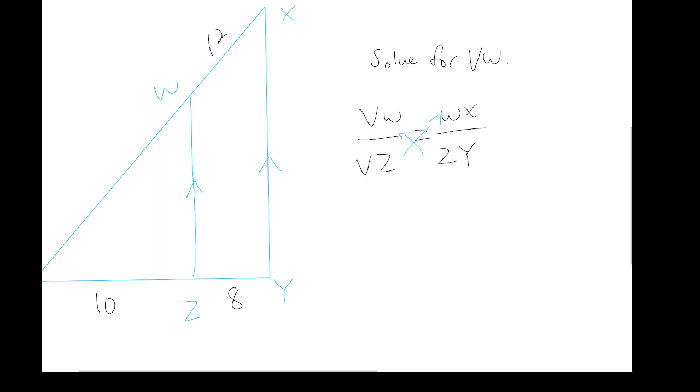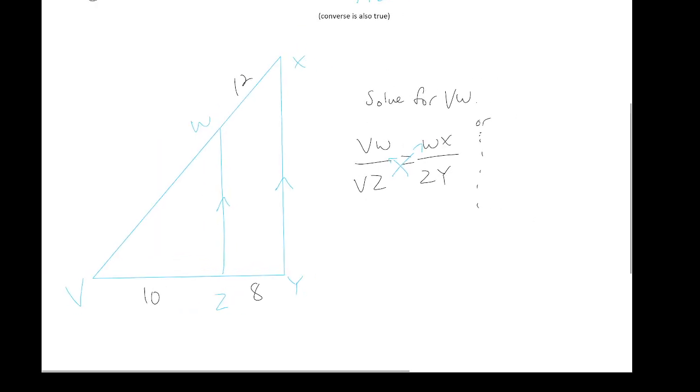Now, there are other ways to set this up. Is it the same to say that, for example, if I were going to go WV, hold on a second, I got to snooze an alarm real quick. Excuse me.